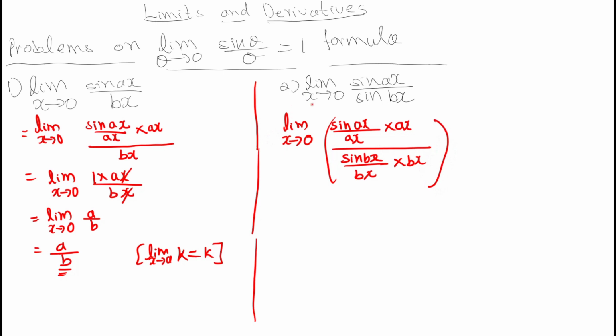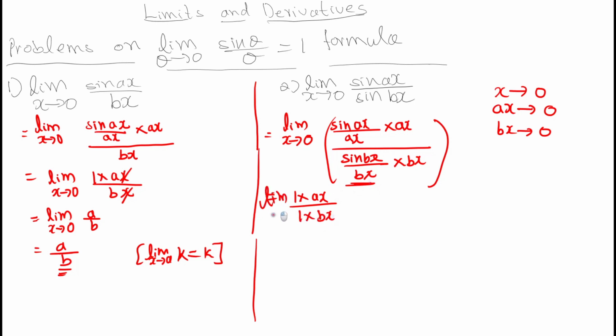See here, x tending to 0. That implies ax also tends to 0 and bx also tends to 0. So it is not a problem, okay? As x tends to 0, ax tends to 0 and bx also tends to 0. So we simply write it as x tending to 0. In the next step, it equals sin ax by ax, which is 1, into ax, divided by 1 into bx.